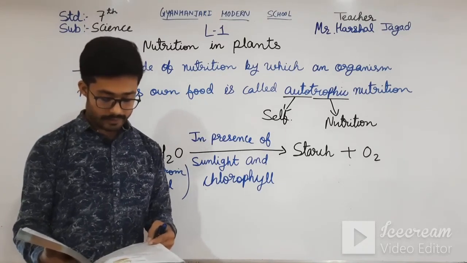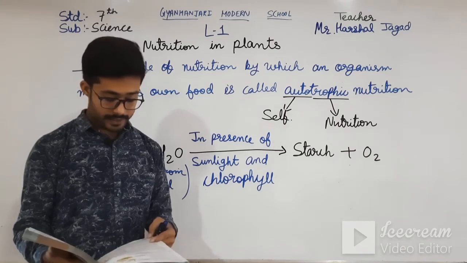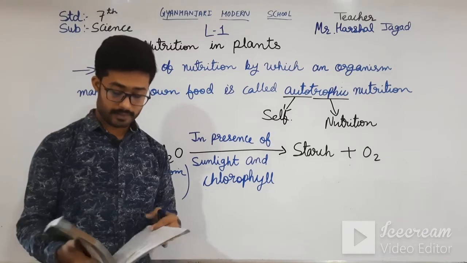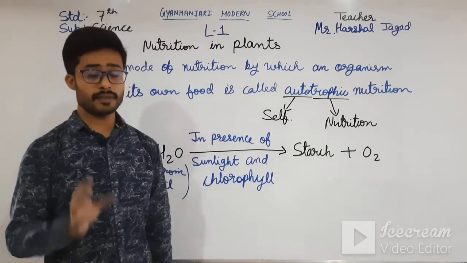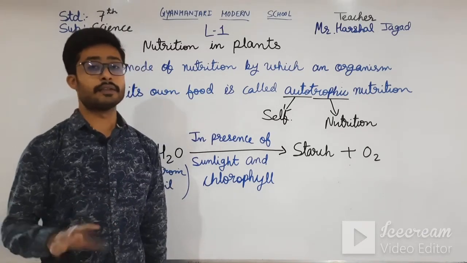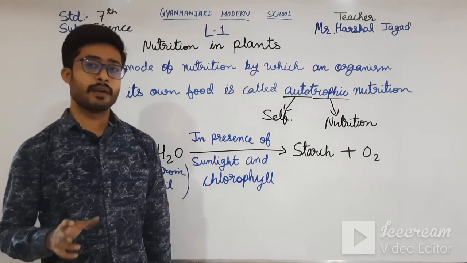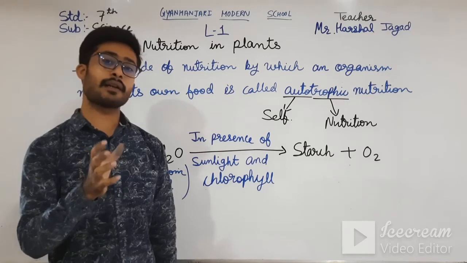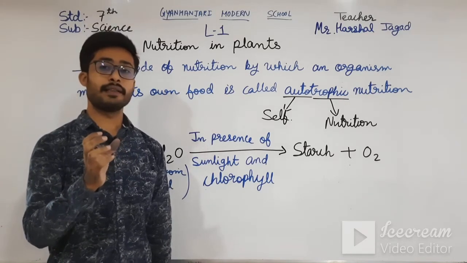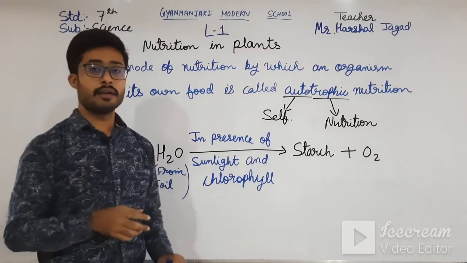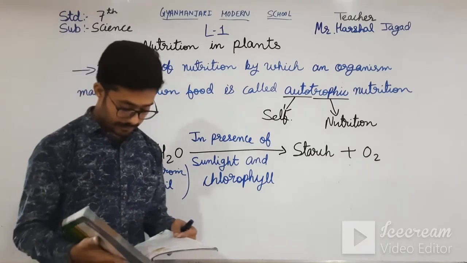It is the green pigment found in the leaves of green plants. Chlorophyll traps the light energy. Without chlorophyll, the photosynthesis process cannot occur. Why? Because green leaves and chlorophyll absorb the light. Okay students, they absorb the sunlight.